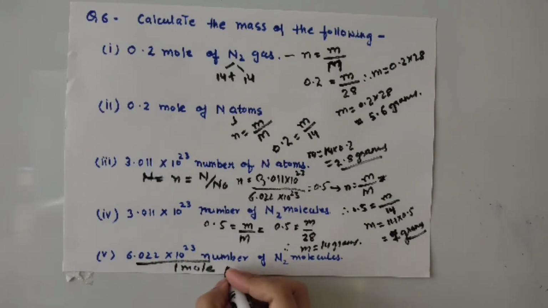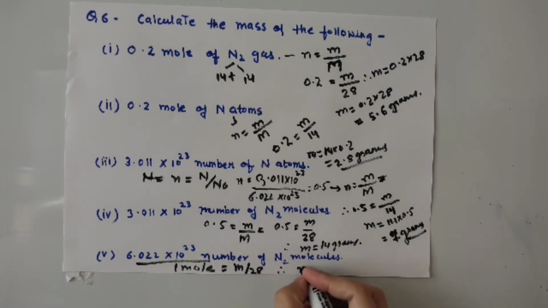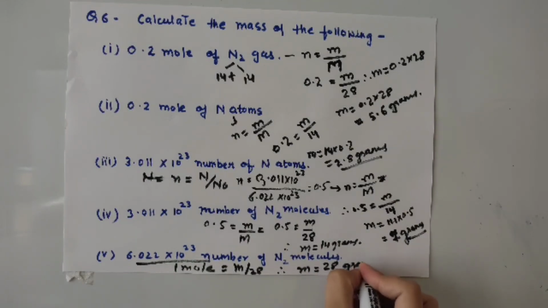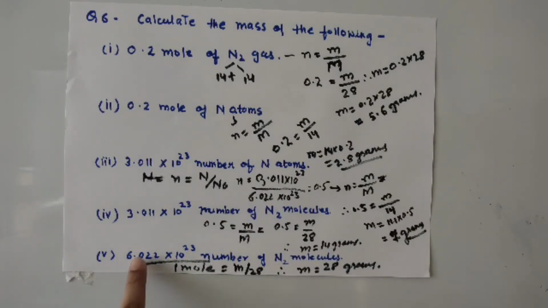So it will come out as small m divided by capital M. Capital M, the molar mass, is 28. So therefore the mass will be equal to 28 grams. It means 6.022 into 10 to the power 23 numbers of N2 molecules will have a mass of 28 grams.